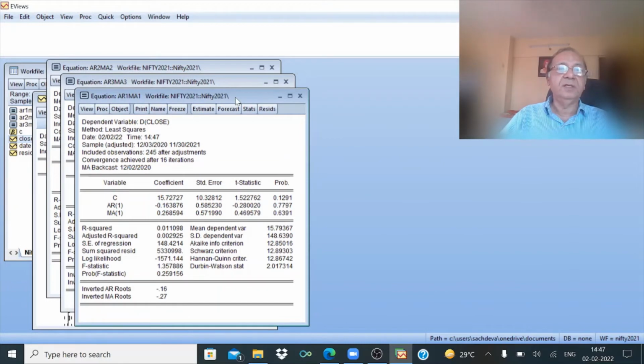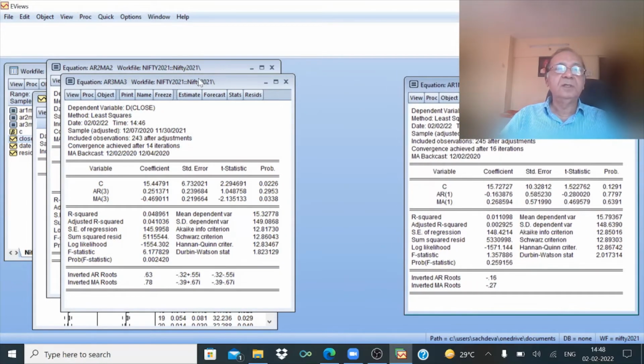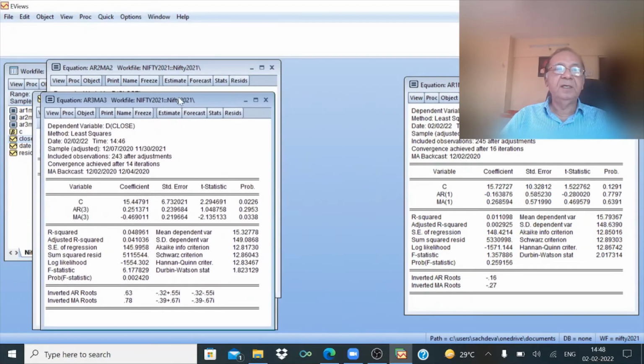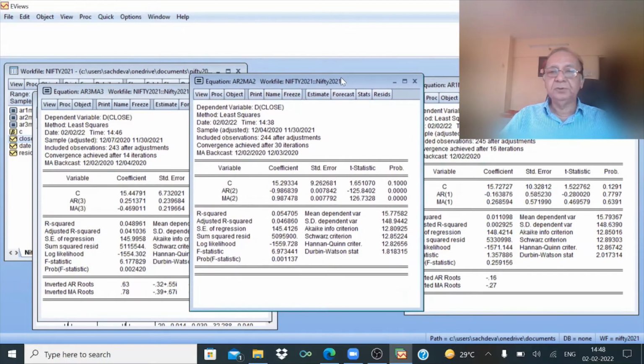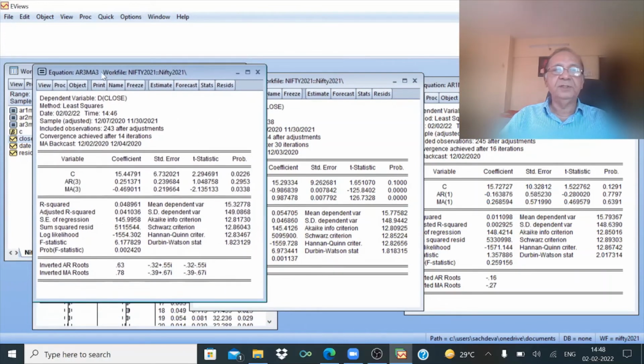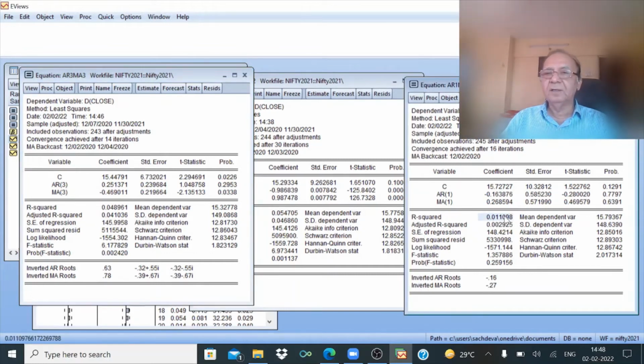Now let us compare all the three models. So we have got here AR1 MA1, then AR2 MA2 and AR3 MA3. Now first thing is to see R square. In ARMA1, R square is 0.011.